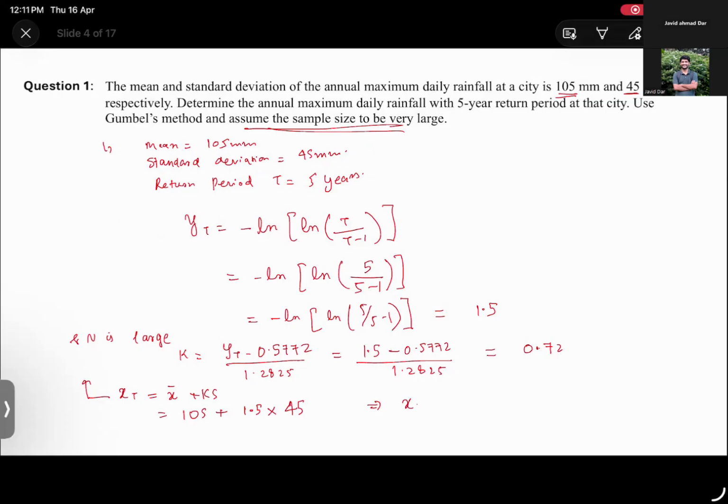So if you solve, this value comes roughly around 137.4 mm. So this is your annual maximum daily rainfall associated with the 5-year return period using Gumbel's method.